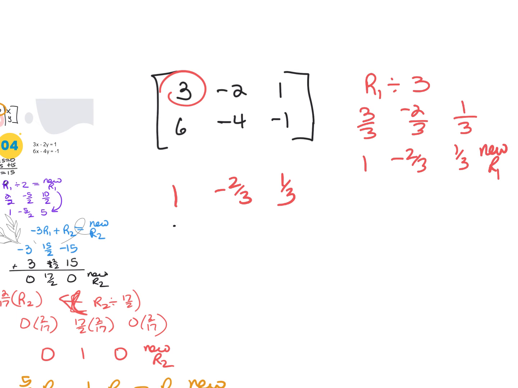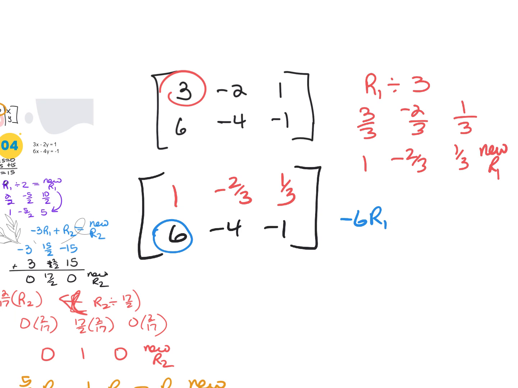And then row 2, I haven't done anything to yet. So now what I'm going to do is I need to change this 6 into a 0. I'm going to take the row that I just made become a 1, and I'm going to multiply it by that opposite of 6. So row 1 times -6, add that to row 2, which will give me my new row 2.